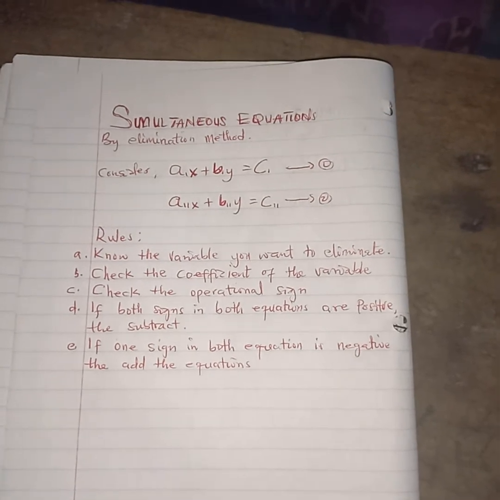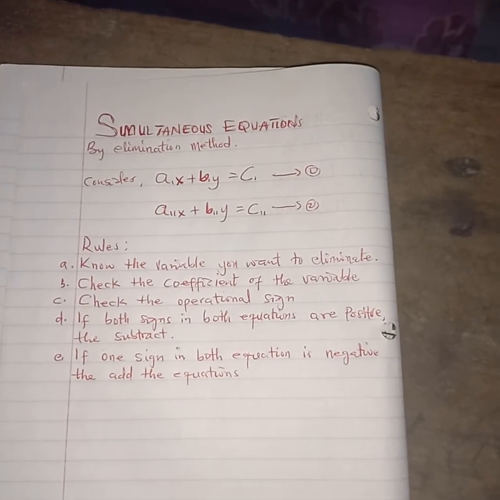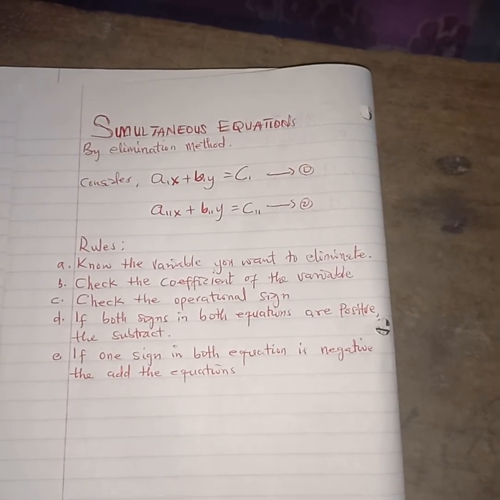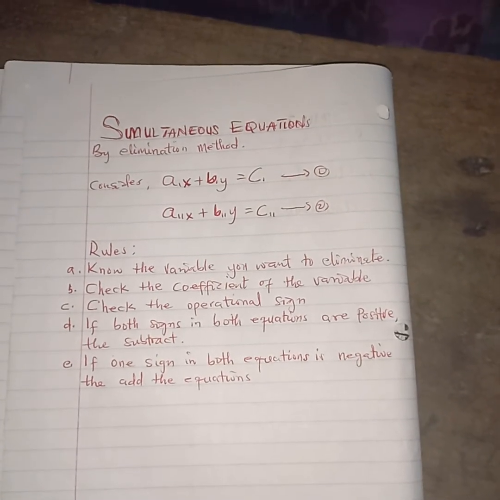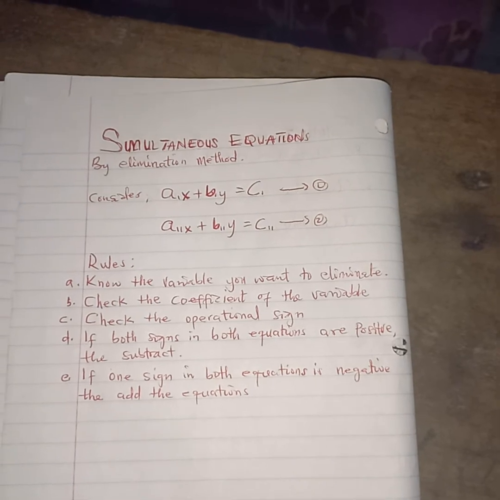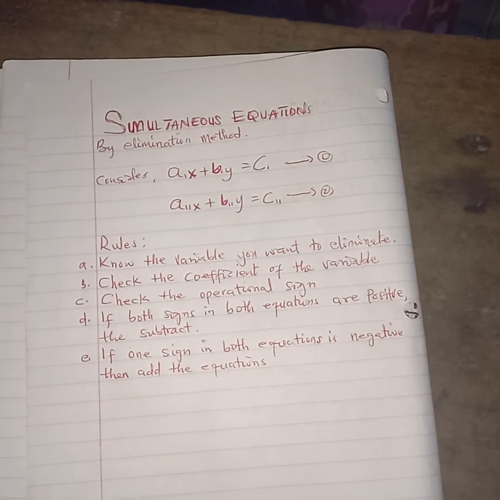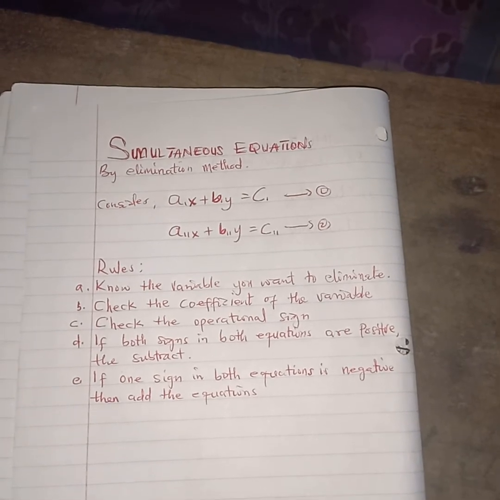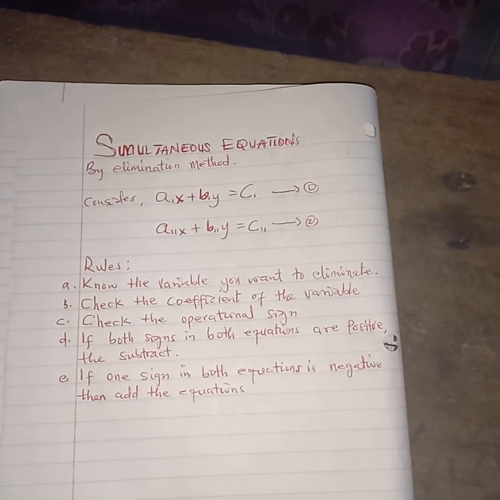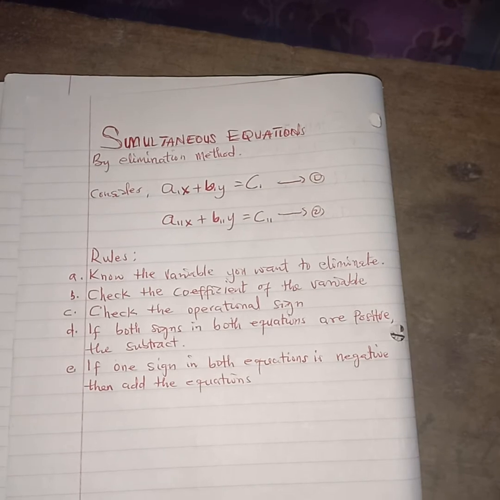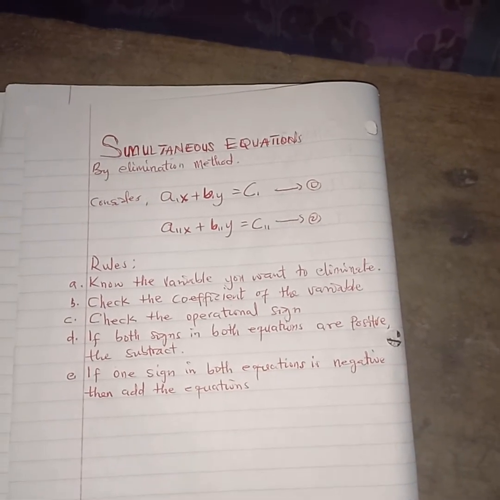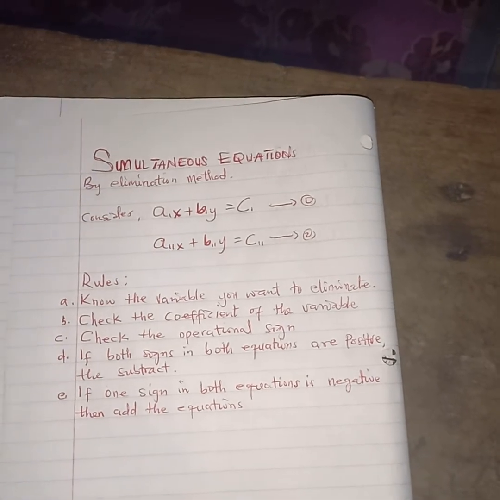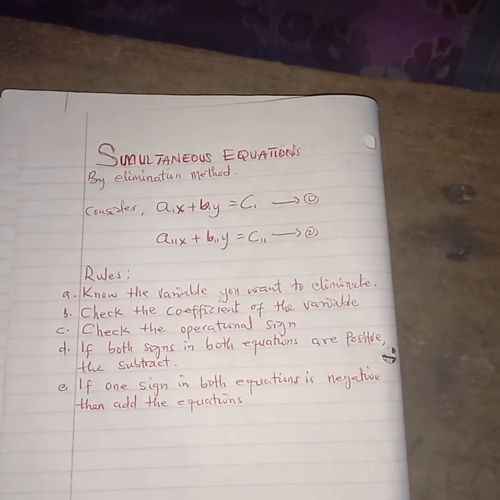Let's look at the next thing. Now it is saying that if the signs in both equations are different, one negative, then add the equations. Now don't forget, we say that know the variable you want to eliminate.